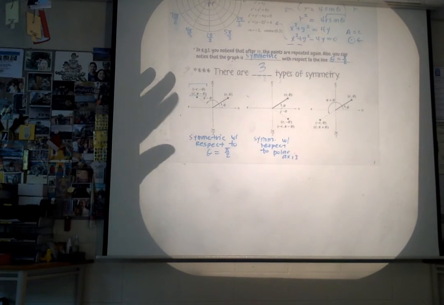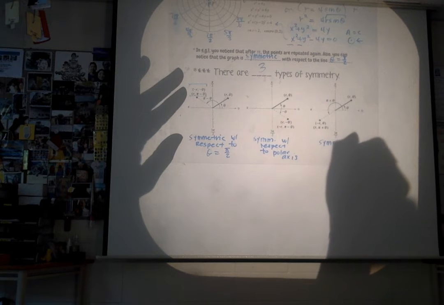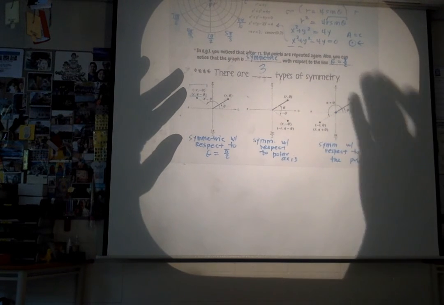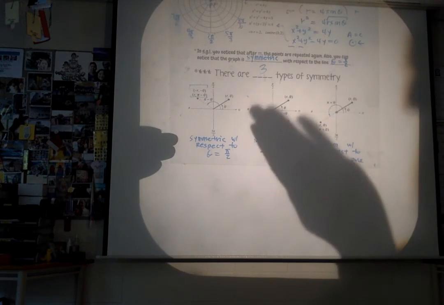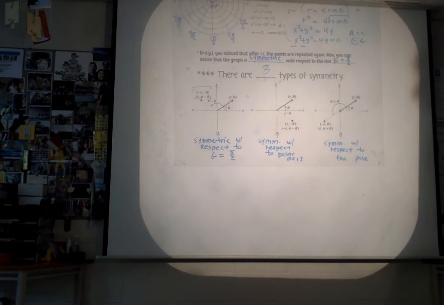And this one here is symmetric with respect to the pole. The pole is this point here. It's flipped over this way.